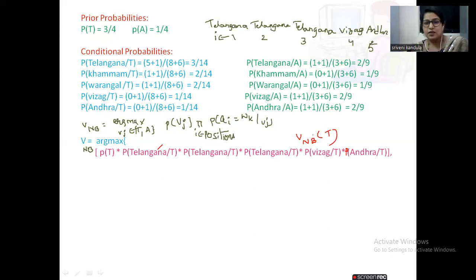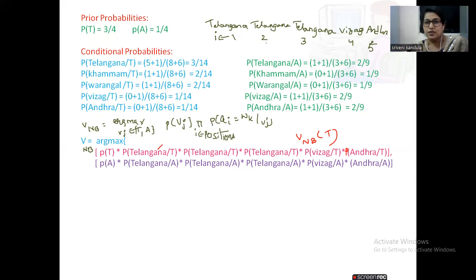Now similarly, let us compute V_NB of A also. The i positions remain the same. The only change from here to here is that the target label is changed. So now it is the prior probability P of A multiplied with the conditional probability of Telangana given A. This Telangana given A is repeated thrice, as your i value is incremented by one at a time, so you have to consider all three.